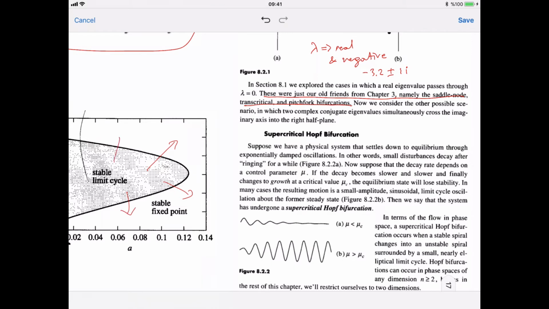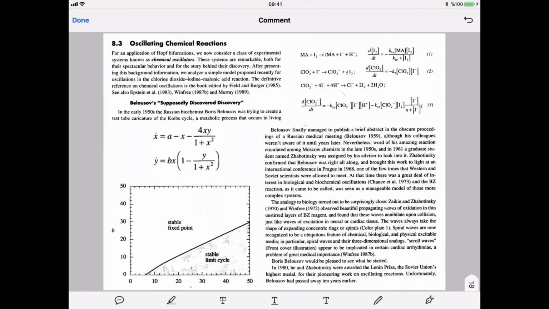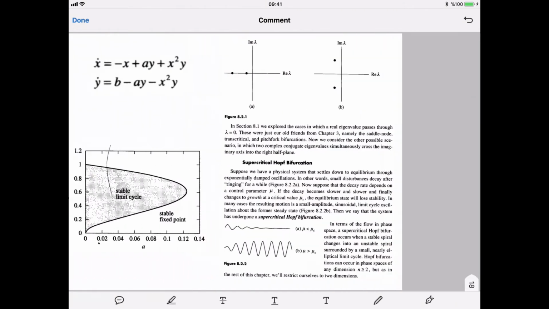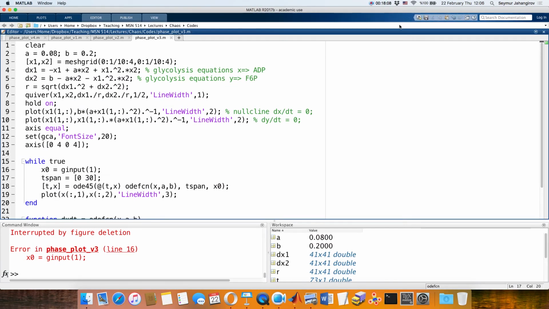And besides, it's enough for me if you know that there is something called bifurcation, and it happens because we change parameters and you change the stability of the system. Okay? So, do I have anything else today? Okay, I will come to that, and I have a lot of time.